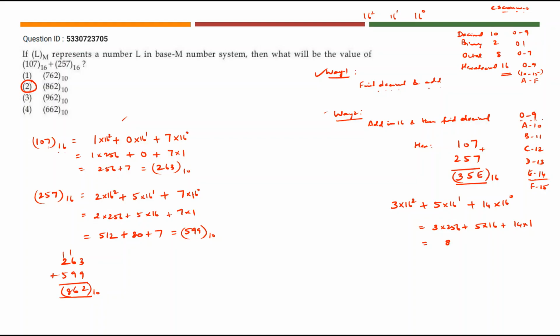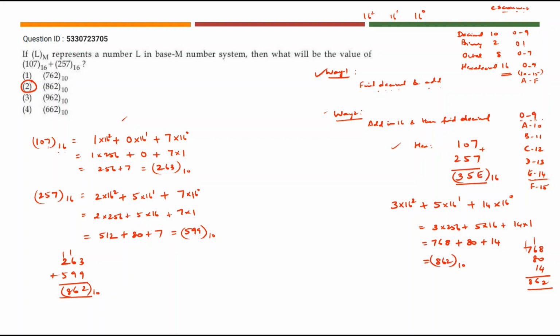It is 768. Then 5 into 16 is 80, plus 14 into 1 is 14. Just add 768, 80 and 14. 8 plus 4 is 12, 1 plus 6 is 7, plus 8 is 15, plus 1 is 16. You will get 862 here also. Since you are converting to decimal, we are using base 10.